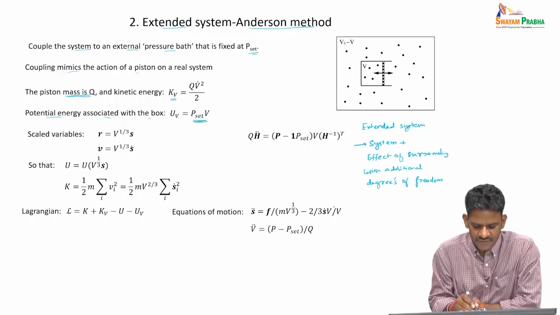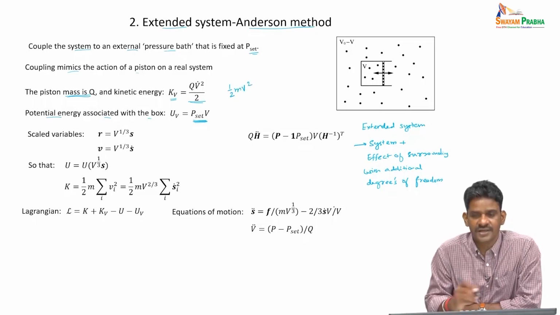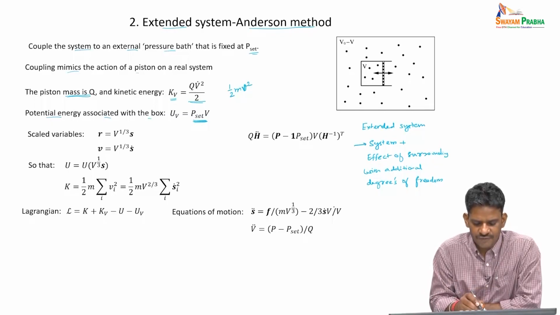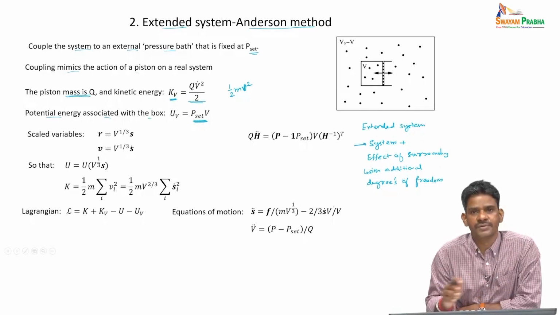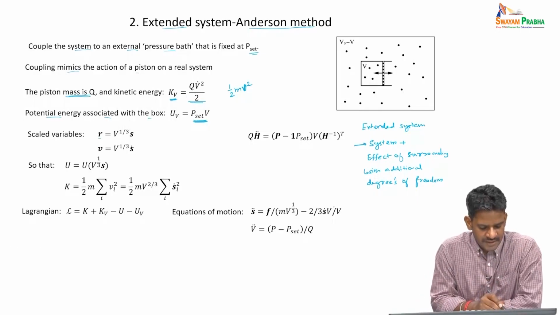Q times V dot squared has a similar form to a kinetic energy. The units of Q are not strictly mass, but mass times time squared, I think. So we analogously define a kinetic energy for the piston, and a potential energy because of the movement of the piston.